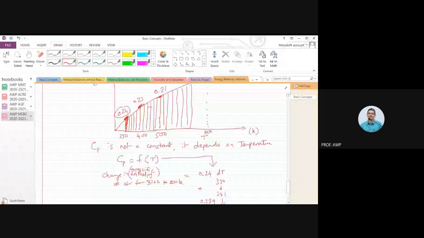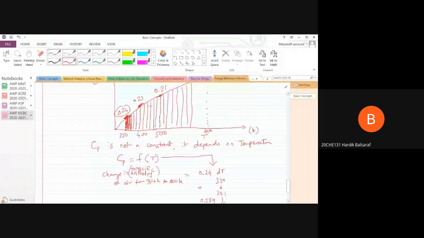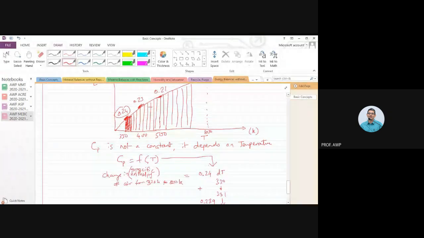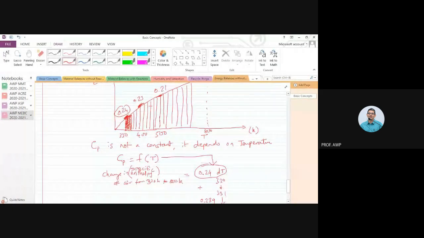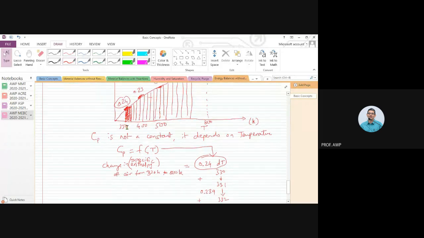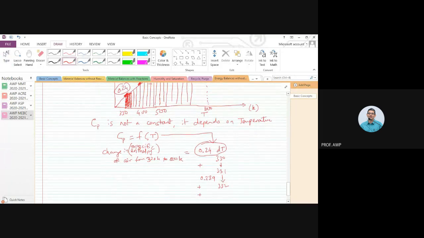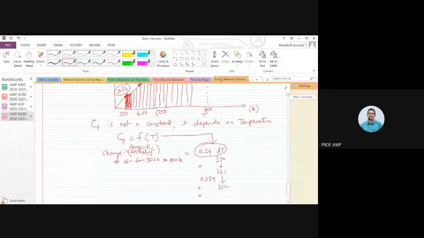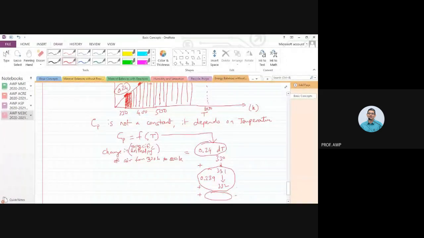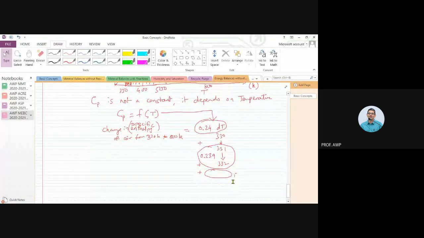Do you agree with that? Yes, sir. And this is nothing but the area of that trapezoid. This is nothing but the area of the next trapezoid, and the next trapezoid, and the next.